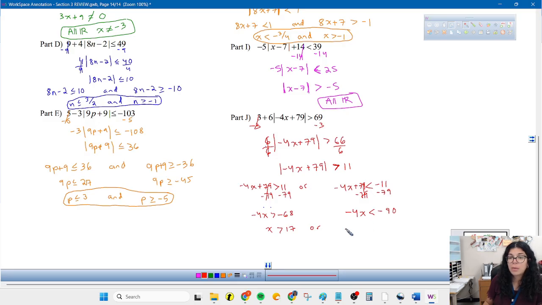And then divide by negative 4. x is less than, it would be 90 over 4, which would simplify to 45 over 2. Oops. And since I divided both sides by a negative, it does flip both of these inequalities around. So it's actually x is less than 17 and or x is greater than 45 over 2.